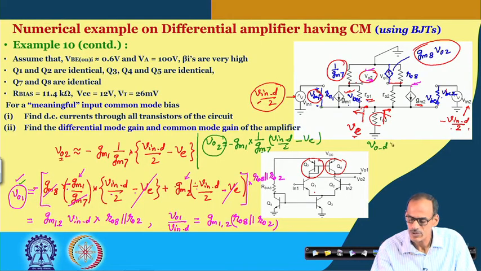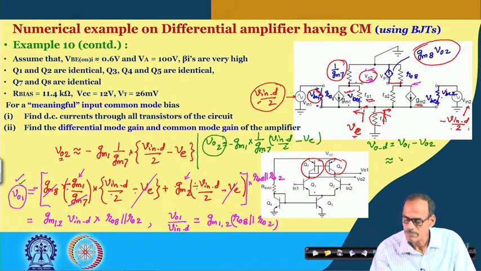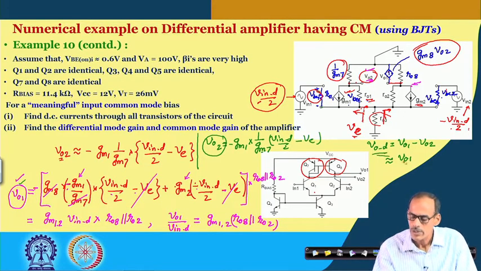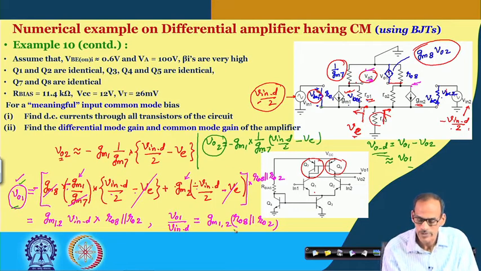If I say that the differential output voltage VOD is defined as VO1 minus VO2, for all practical purposes it is equal to VO1, and the expression of VO1 is given here.